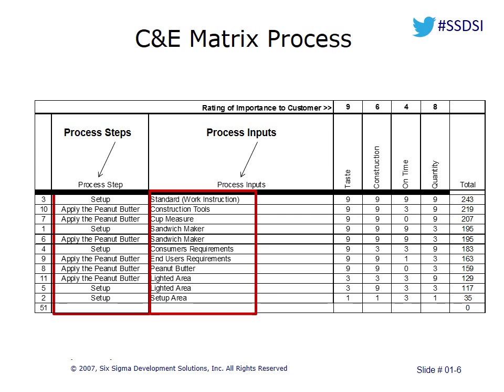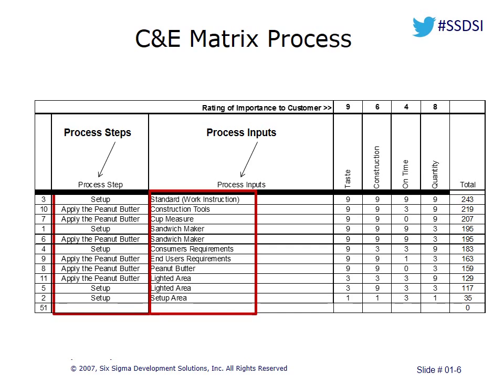You can see here there's a process step called apply the peanut butter, and it has 6 different inputs. I know this because I'm looking under process steps, and I see apply the peanut butter show up 6 different times.